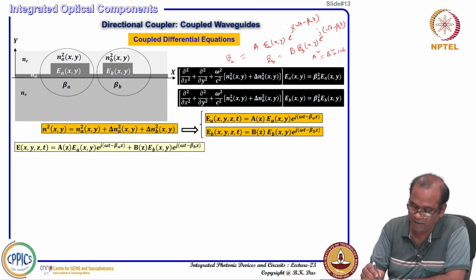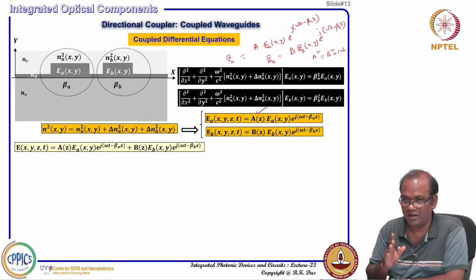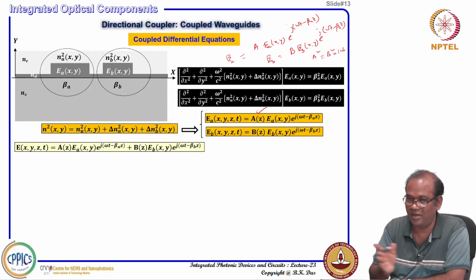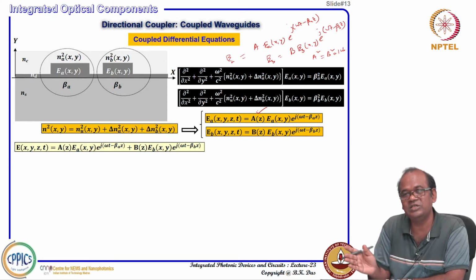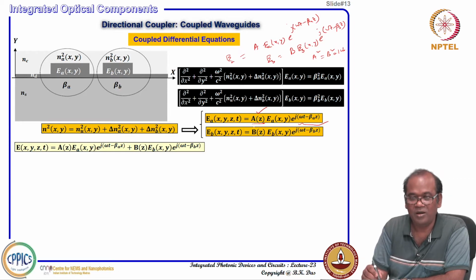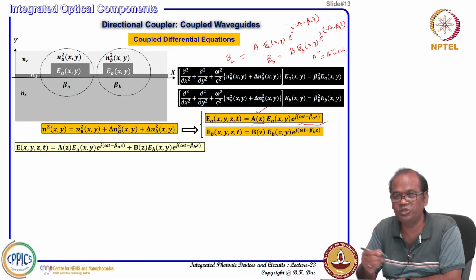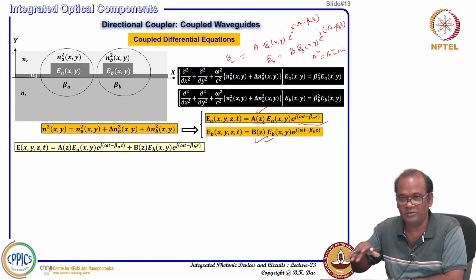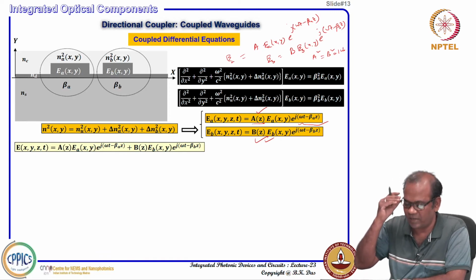That means, like coupled mode theory, we consider that their amplitudes keep varying longitudinally, because they are interacting and power can exchange between them. So along the longitudinal z direction, along with this phase, you have longitudinal amplitude evolution. Similarly, B(z) for waveguide B shows amplitude evolution in the forward direction.